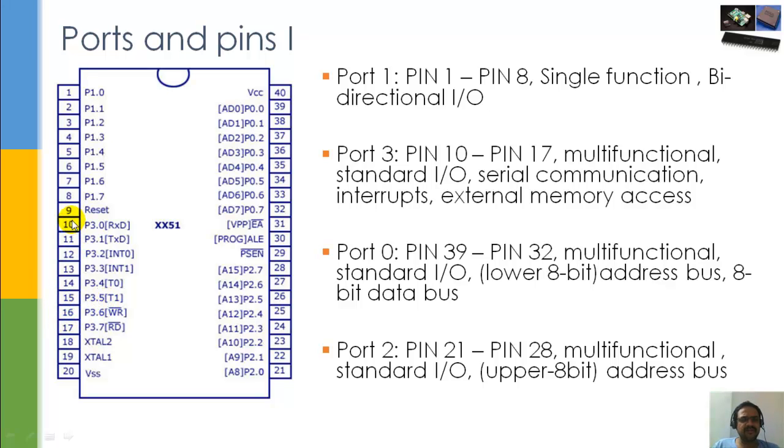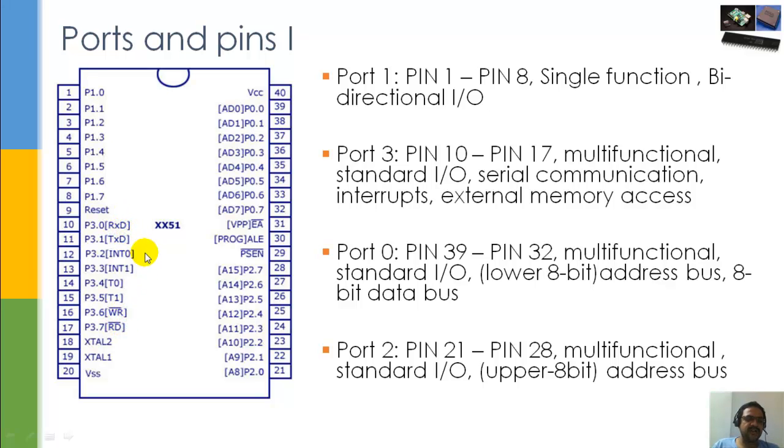So generally, the functionality of port 3, that is pin 10 to pin 17, is that it can either act as a general IO, or it can house serial communication, or it can house control signals for reading or writing data from or to the external memory, plus two external interrupts, INT0 and INT1. Now if you decide to use this entire port as IO, you cannot use any of the other functions listed here.